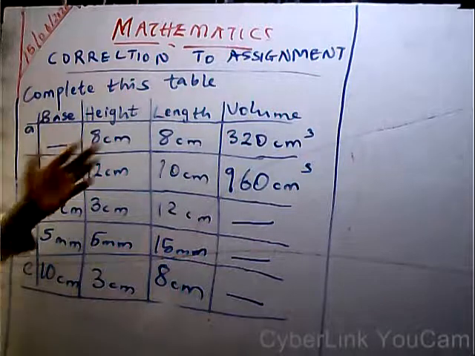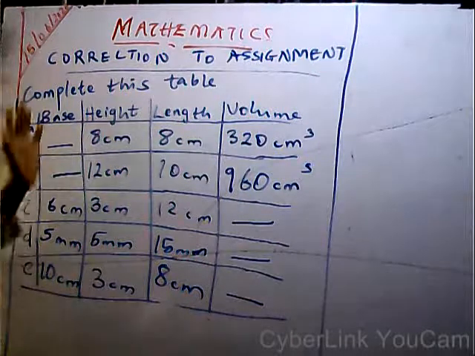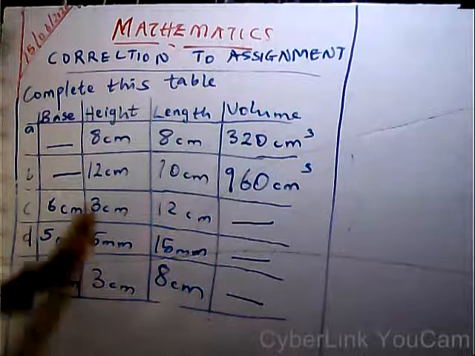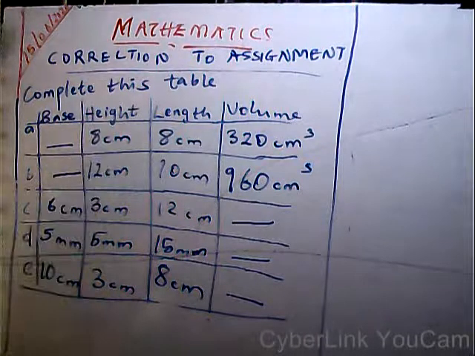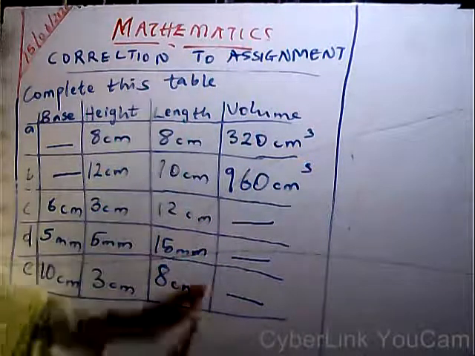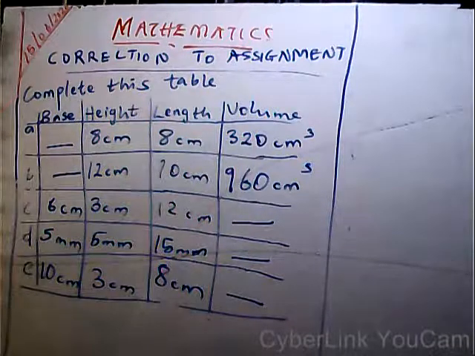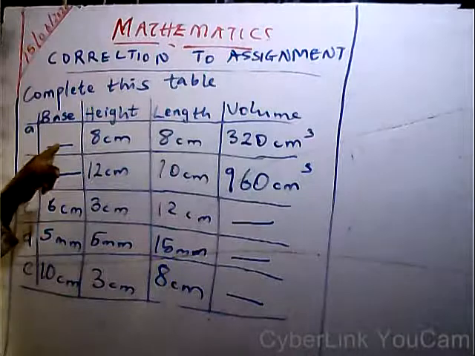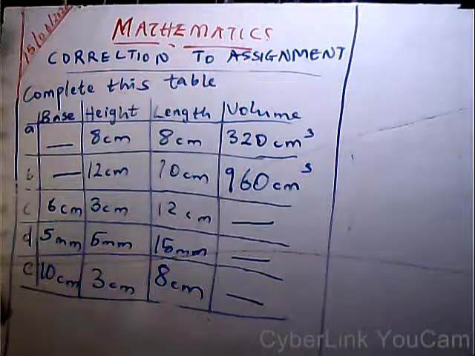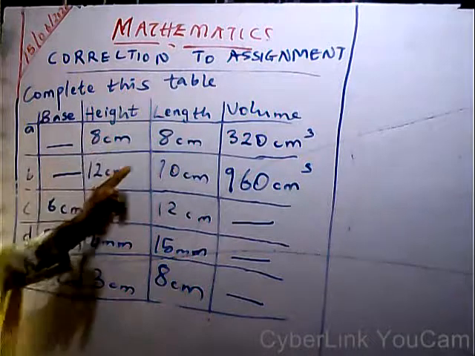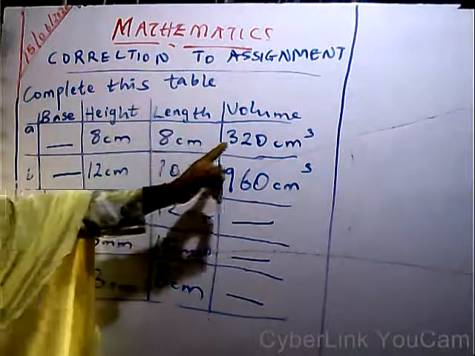The table goes thus. We have some columns here. Here we have the base, we are given some values. Here we have the height, we are given some values. We have the length and we have the volume. Under the first one, we are asked to find the base, and we are given the height, the length, and the volume.